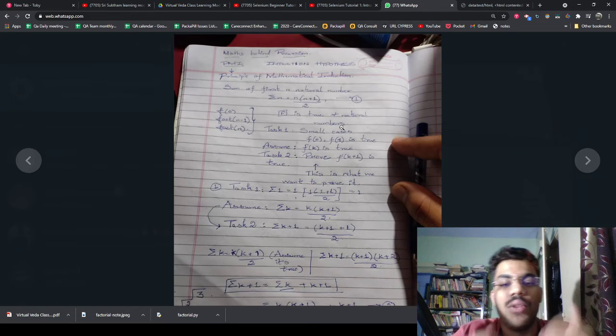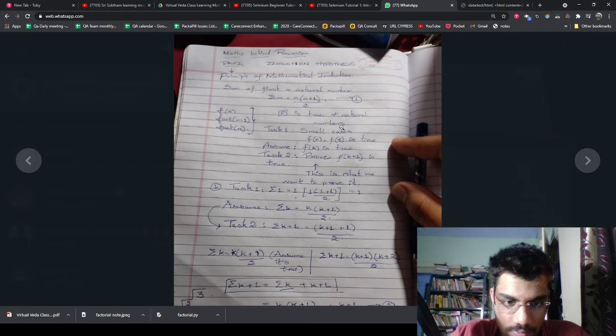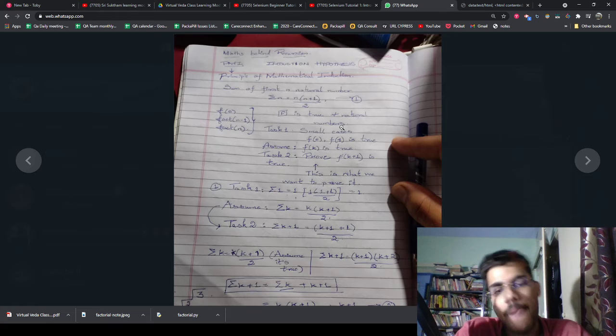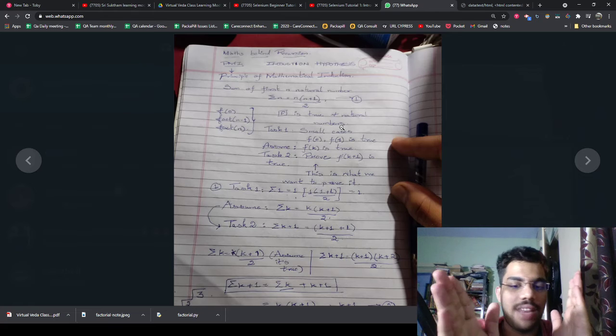And next we want to prove, this is the second task, summation of k plus 1 equal to k plus 1 into k plus 1 plus 1 divided by 2. I have mentioned this with the arrow mark. So k plus 2 divided by 2. So I'm going to make a comparison between the assumption and the real part.